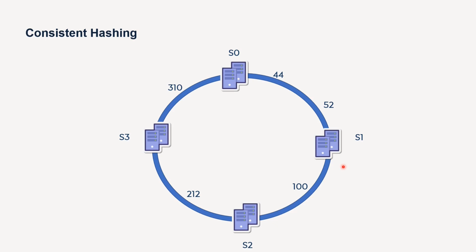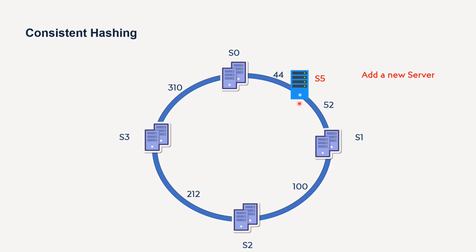But now the question comes: when we add a new server, what happens? How is consistent hashing going to help us solve the problem which we saw in our previous setup? Suppose, by the hash number, the server S5 is placed between S0 and S1.